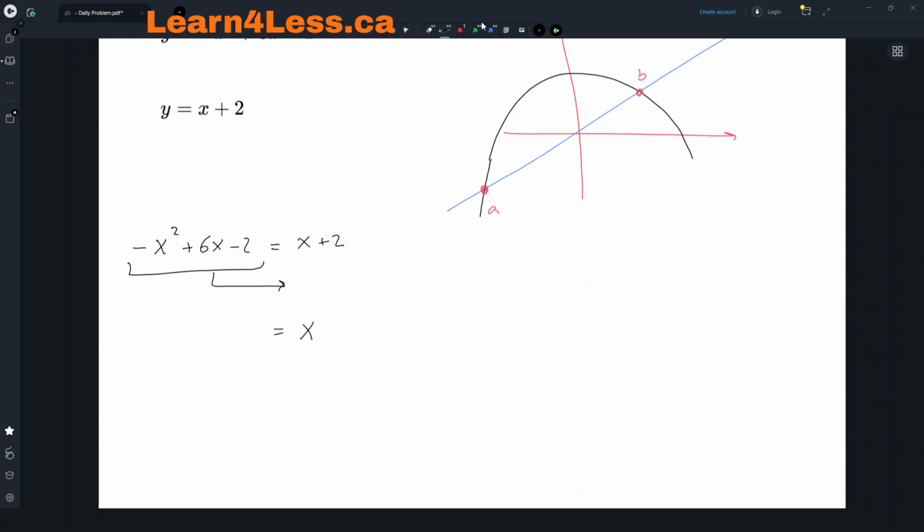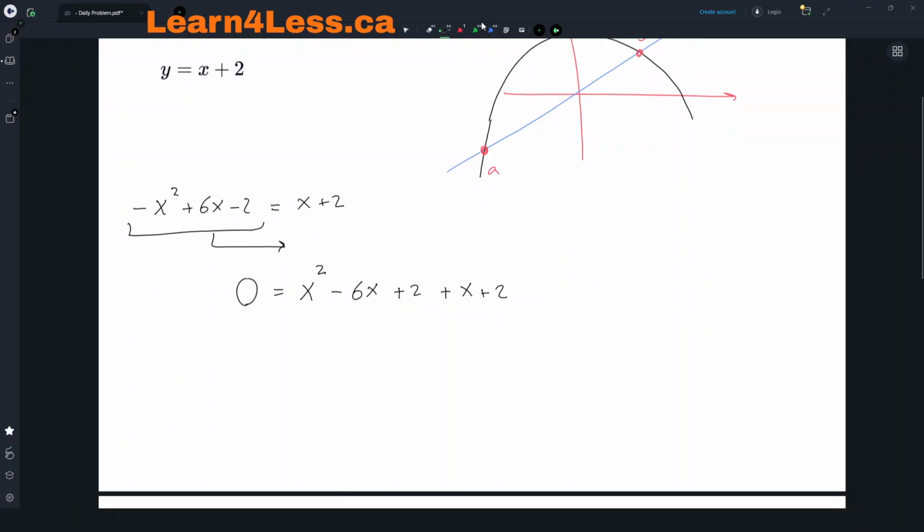It would be x squared, which is negative so it goes to the other side and becomes positive, positive 6x becomes negative 6x, and negative 2 becomes positive 2. And we already have positive x and positive 2 on the right hand side. So nothing is left on the left hand side, so we have 0.